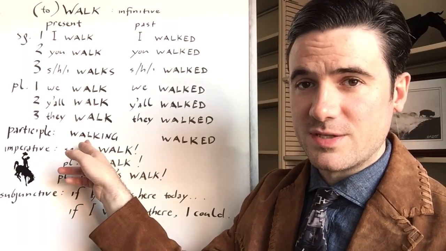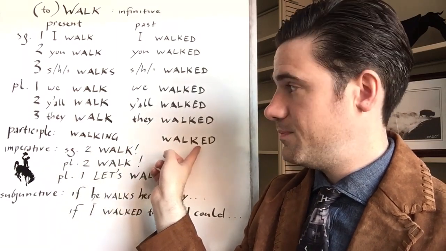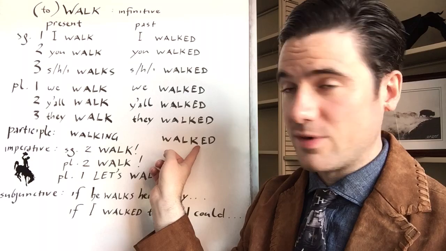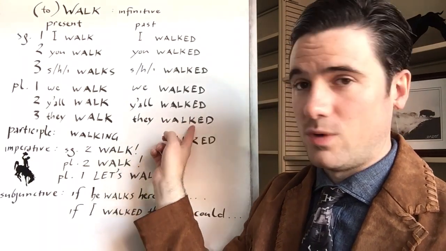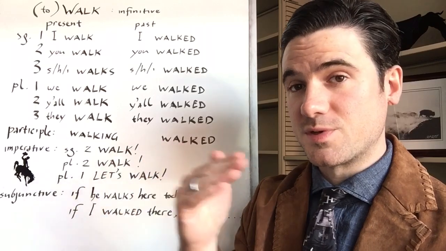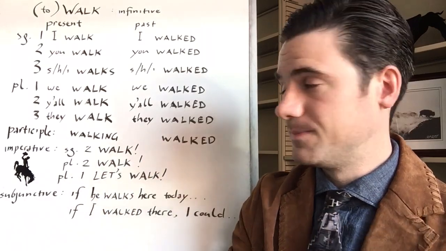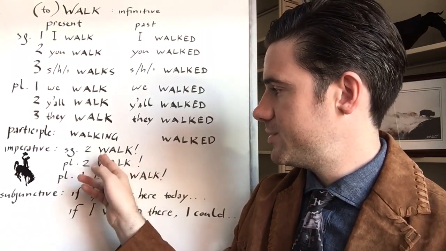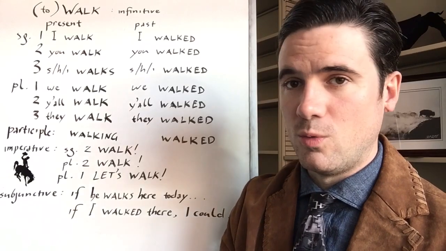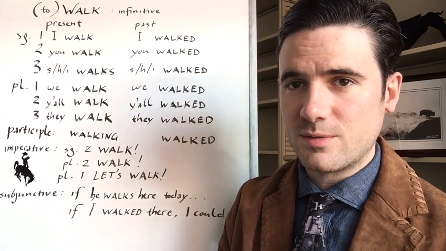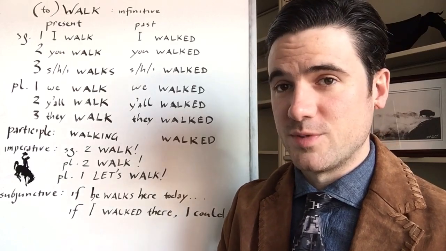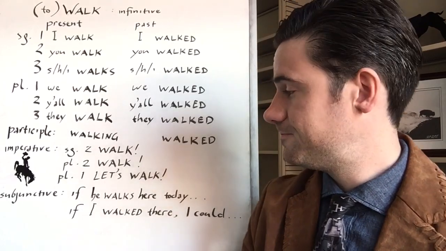Participle is formed by adding ing to the root. The past participle of a weak verb in English is typically identical to the regular past tense. So I walked and I have walked, as opposed to a strong verb, I drove and I have driven. Imperative is usually just the bare root. Walk, right? If I'm telling you to keep walking or whatever. Same if I'm talking to multiple people, or let's walk.